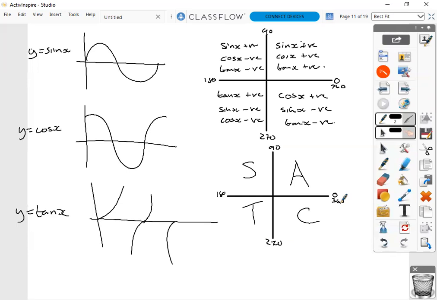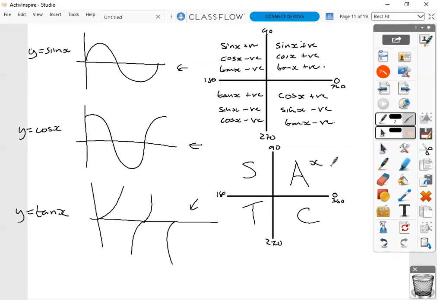When I refer back to the original graphs, we're going to use this to find our solutions. When we find our solutions in the next part, between 0 and 90, we'll just be left with the solution.